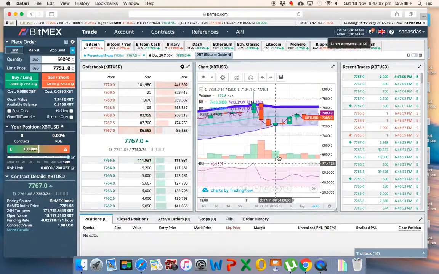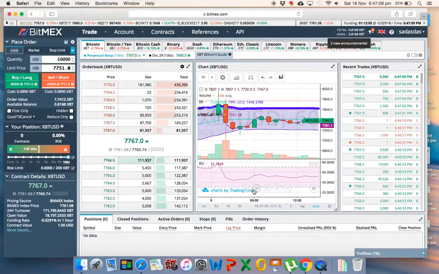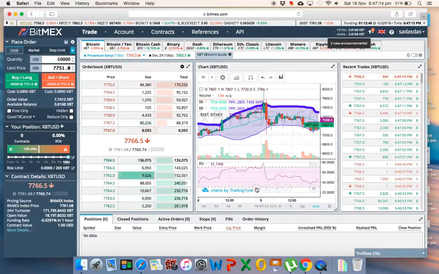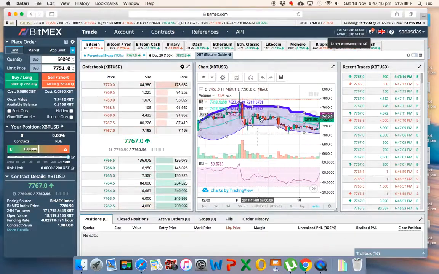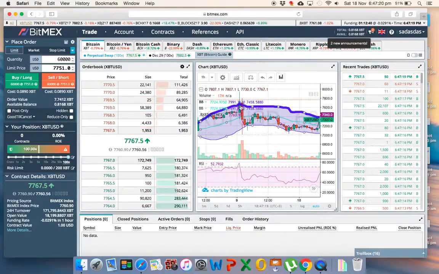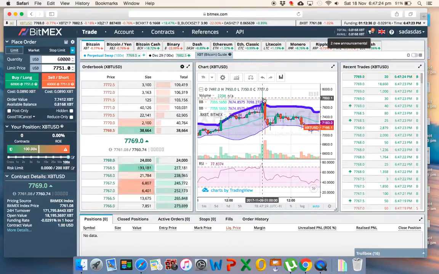So basically I knew that Bitcoin was going to continue falling down from here. So what I did was that I shorted around this level, when it was somewhere greenish here, around 7795.